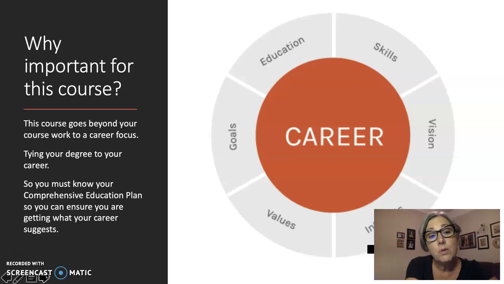And most important, it makes sure that you are tying your degree to your specific career, so that your major isn't just something that's not related to your ultimate career goals. So you must know your comprehensive ed plan so you can ensure you're on the right track for your career.